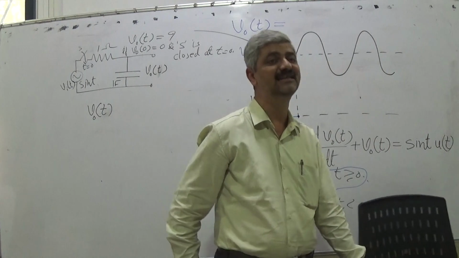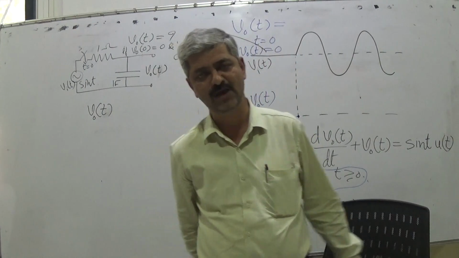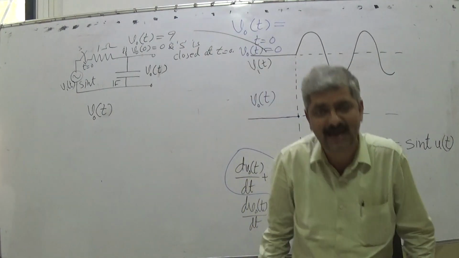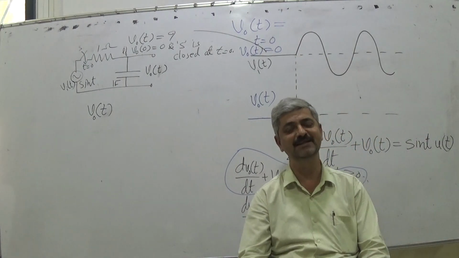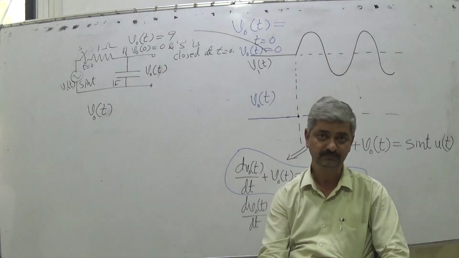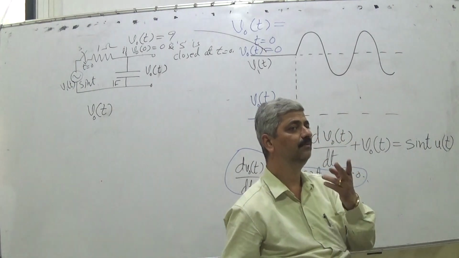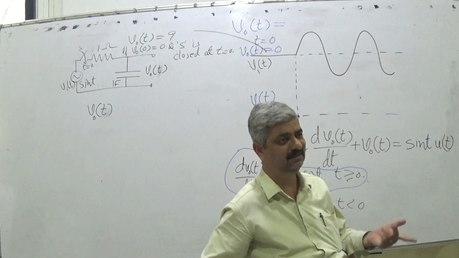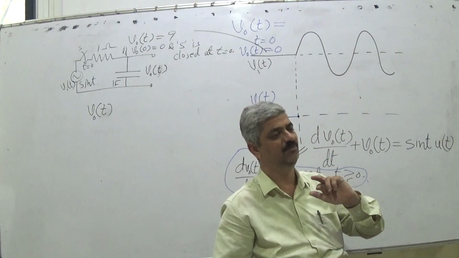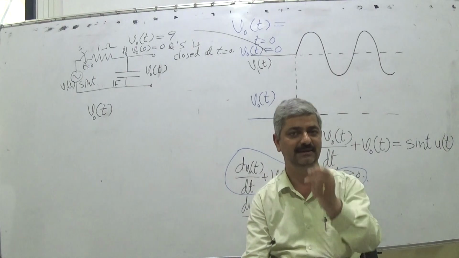The frequency remains the same. If you have sin omega t, the derivative is omega cos omega t. If you have cos omega t, the derivative is minus omega sin omega t. So the frequency remains the same, it remains a sinusoidal signal.